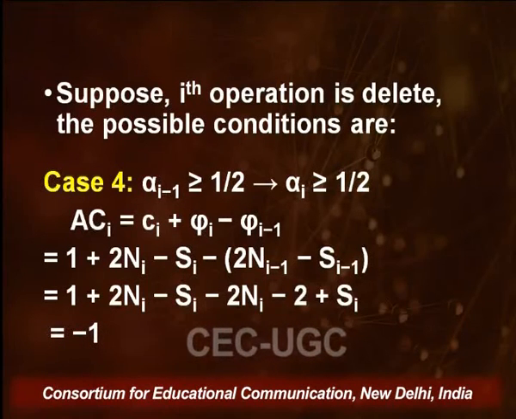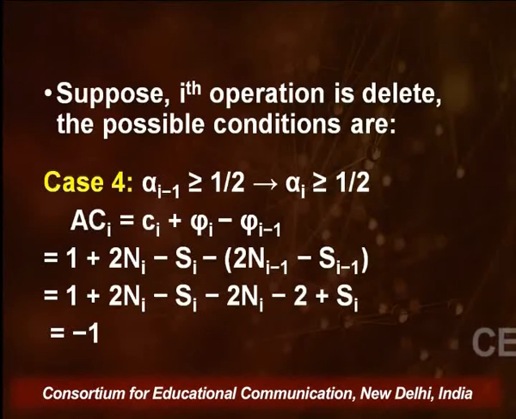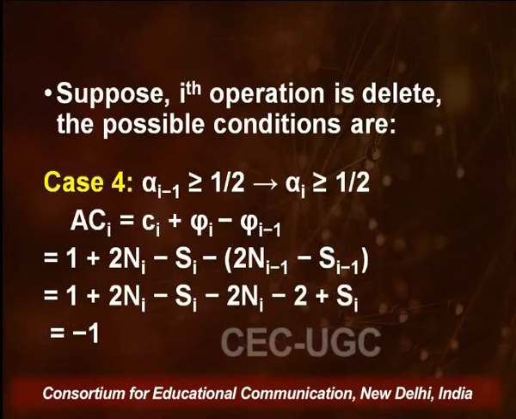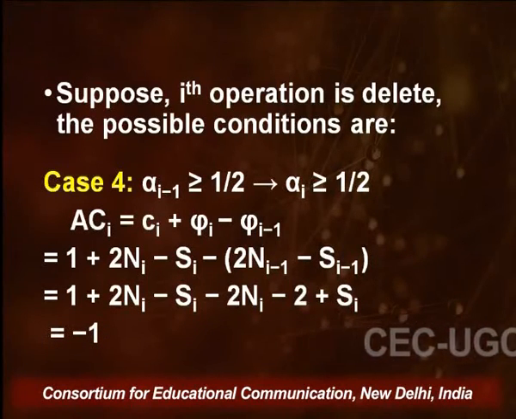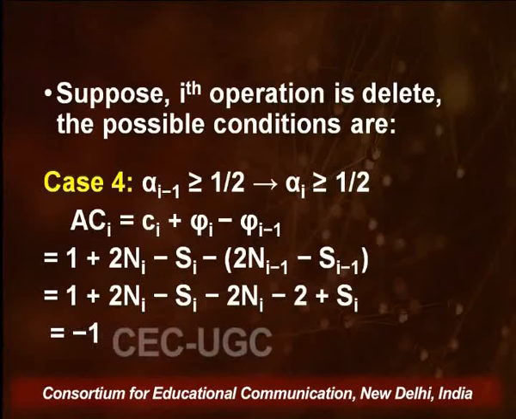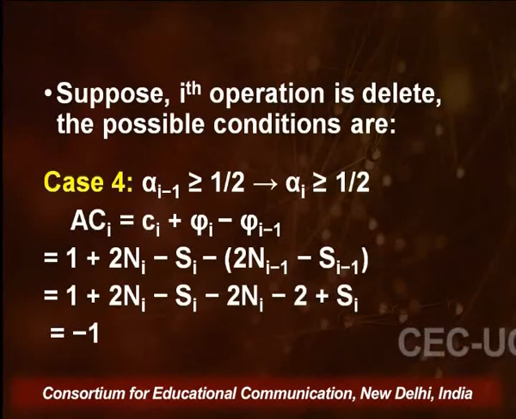So, here we need not put two different formulas for the potential function. The amortized cost is equal to the actual cost plus the potential difference, which by some simple terms we can say is 1 plus 2 n of i minus s of i minus 2 n of i minus 1 minus s of i minus 1, and this comes to minus 1.